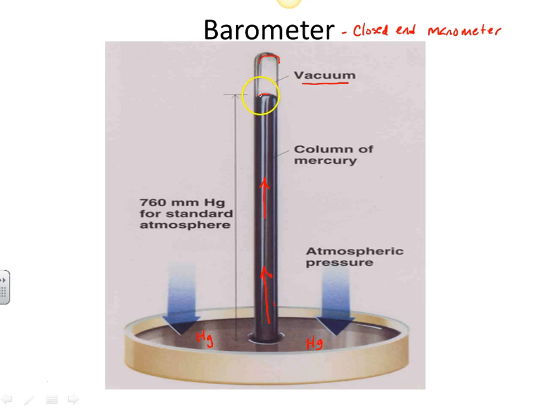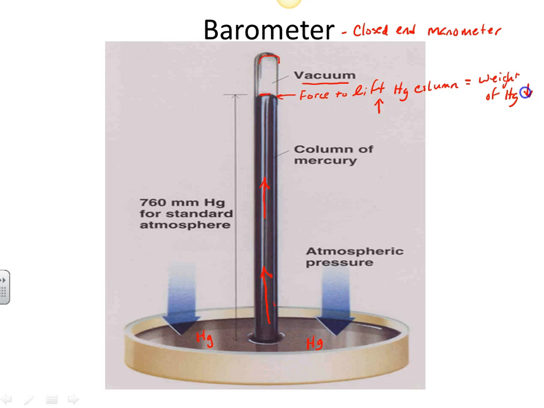At the point that it reaches its height, the force to lift the mercury column equals its weight. The force to lift is an upward force.